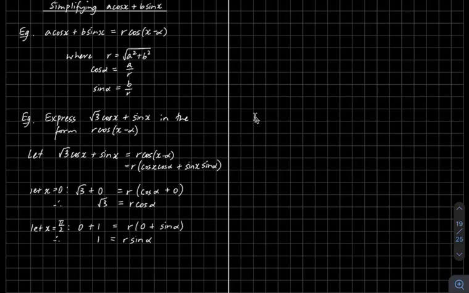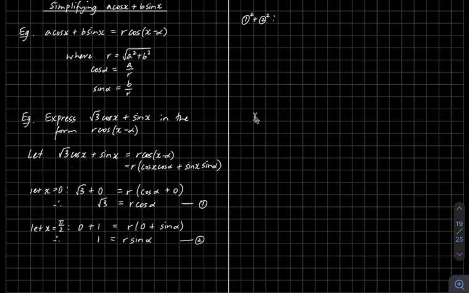Alright, so there are two equations that we get there. If you like, we can number them 1 and 2 just to show in our working out. So if we were to square those and add them together, we would have 1 squared plus 2 squared.